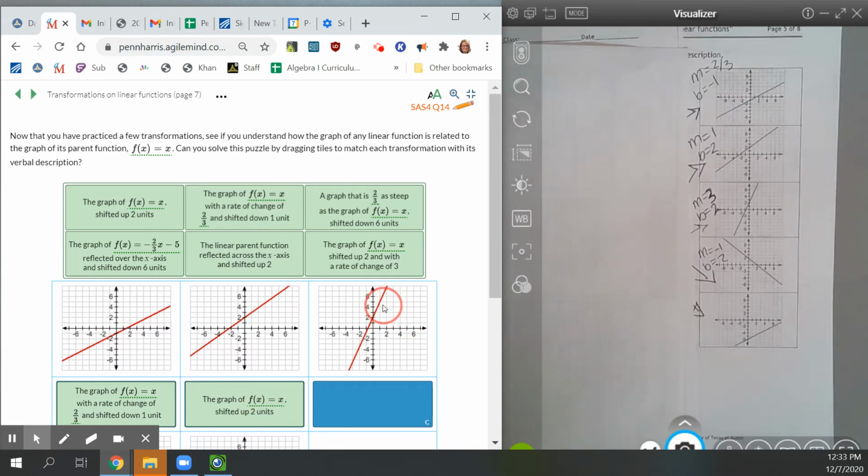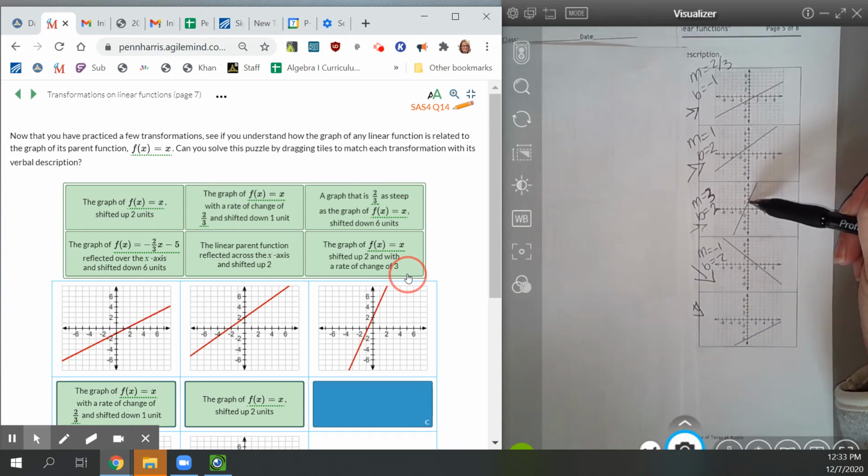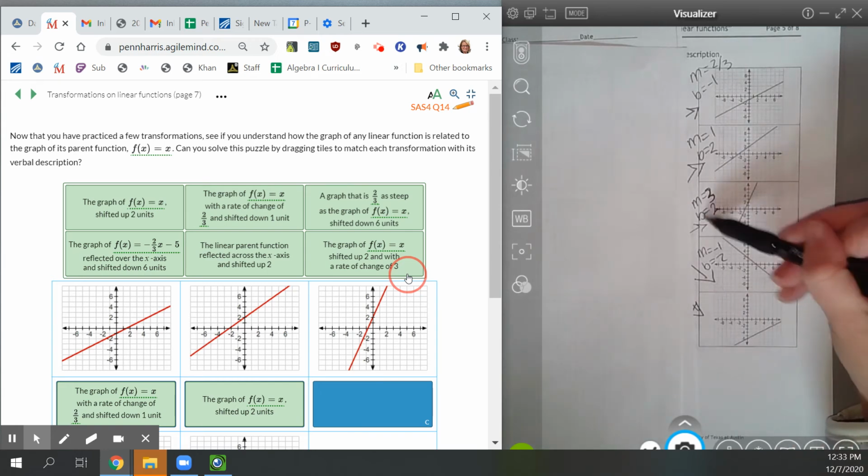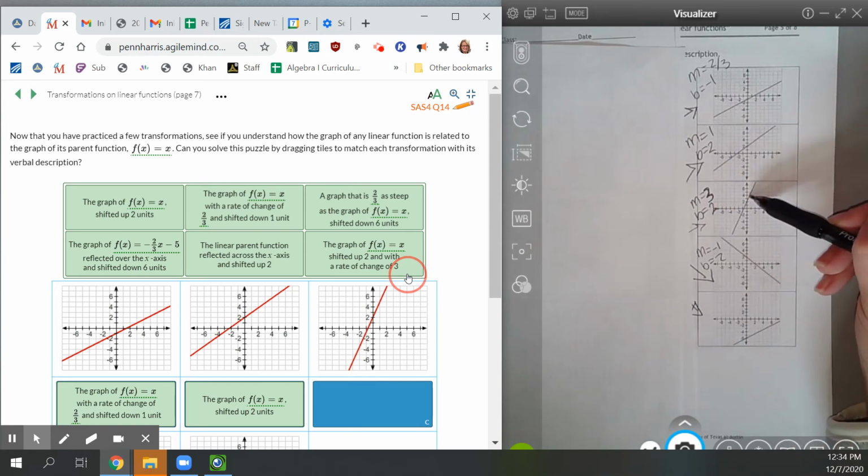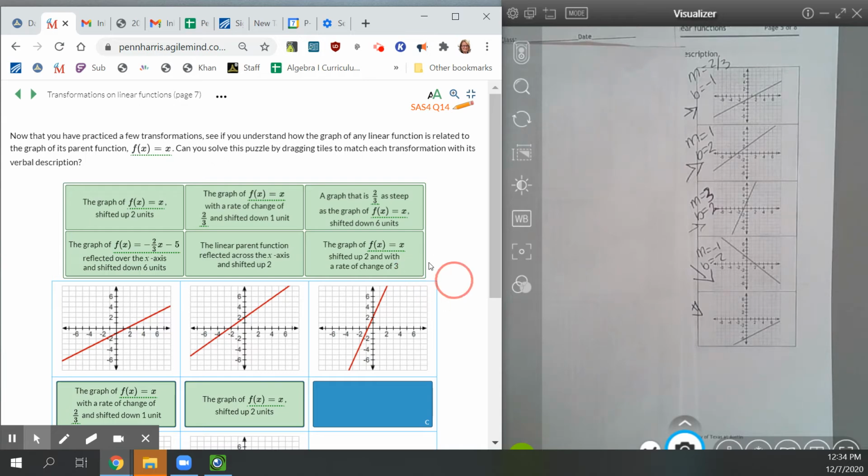Okay. And then my next one here, my intercept is +2, okay? And my slope is 3, okay? So my intercept, the graph was shifted up 2 units and has a rate of change of 3.